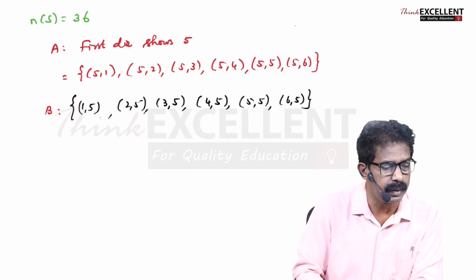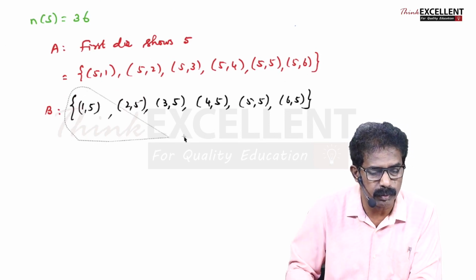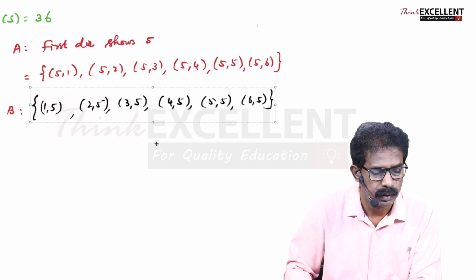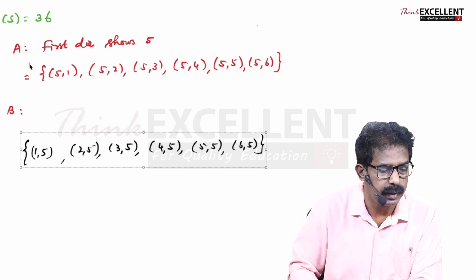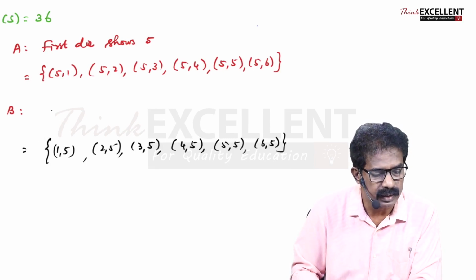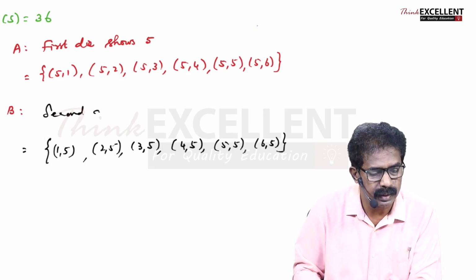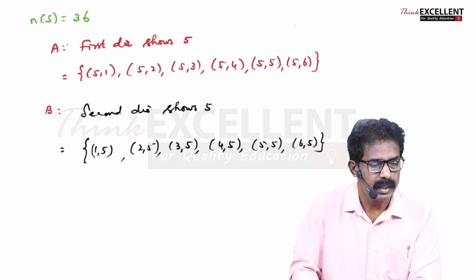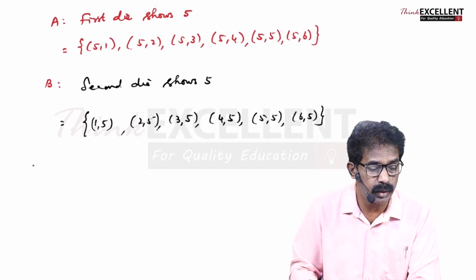A intersection B. So if you want, you can write here one more step. B stands for second die shows 5. Then what is A intersection B denote?